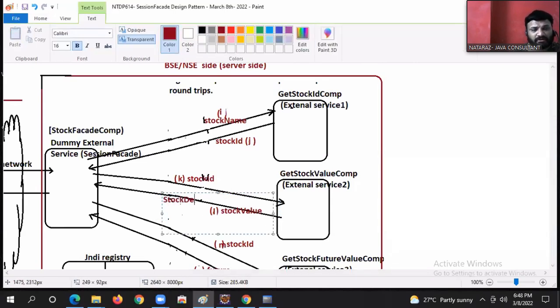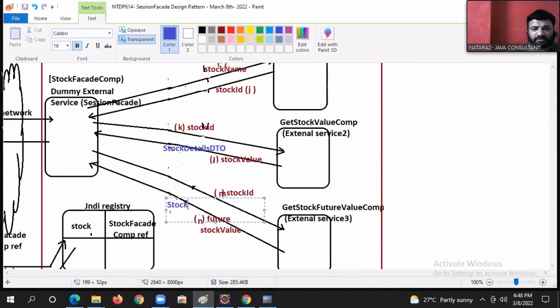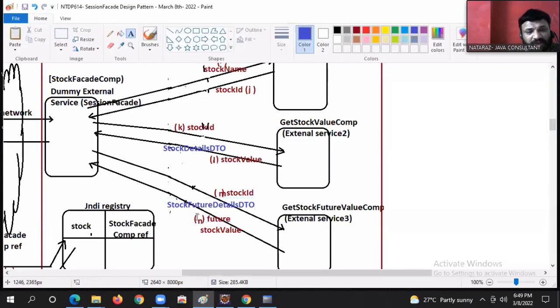Stock details DTO. Here we will get stock future details DTO. Stock future details DTO. What, guys?